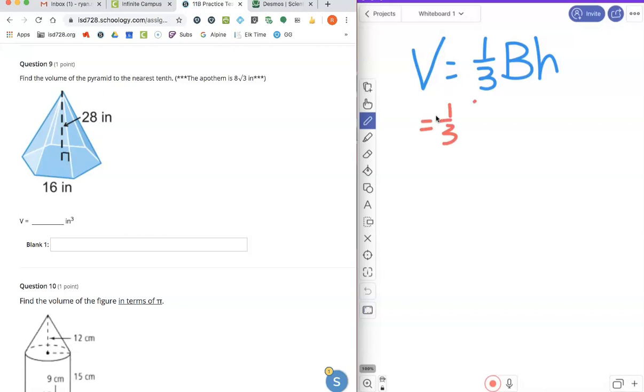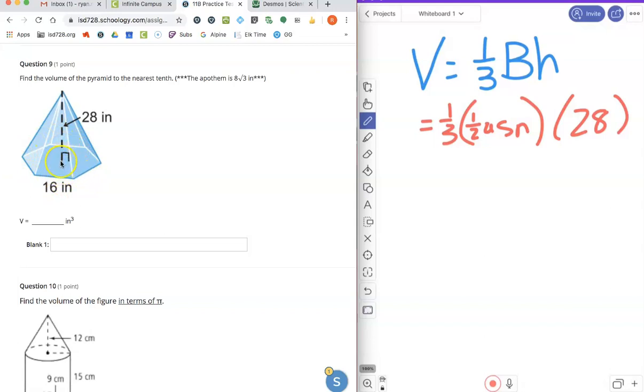We have 1/3, capital B, which we'll come back to in a second. H, we check, we make sure that 28 is the inside height. This time it is. So now we're trying to figure out what goes in here. Okay, well, this is a hexagon on the bottom. So the formula for that is 1/2 a s n. Okay, side length is 16. n is the number of sides, which is 6.